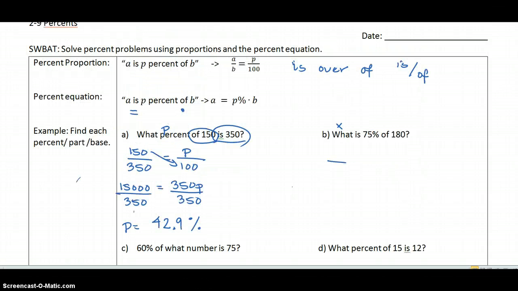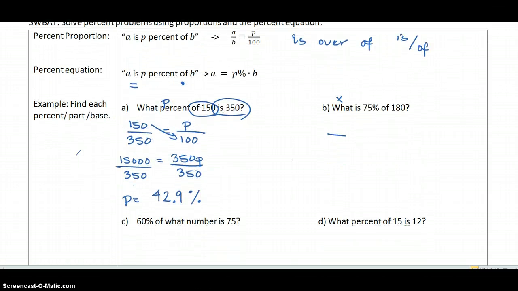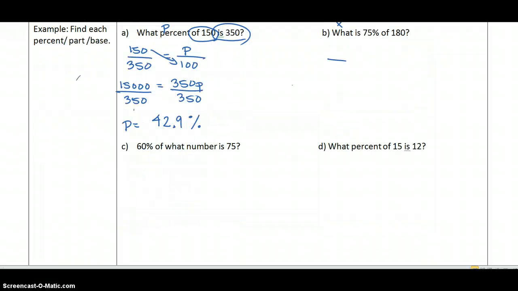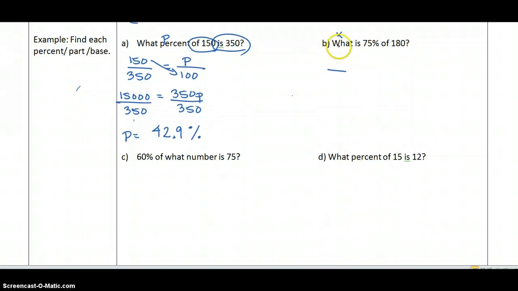Sorry guys, let's just look at it: is over of. The is is your X part, so that's going to go on top of 180, and that's going to be 75 over 100.